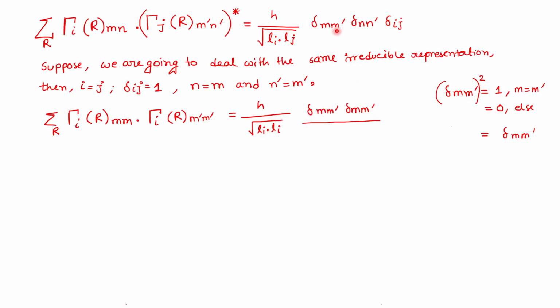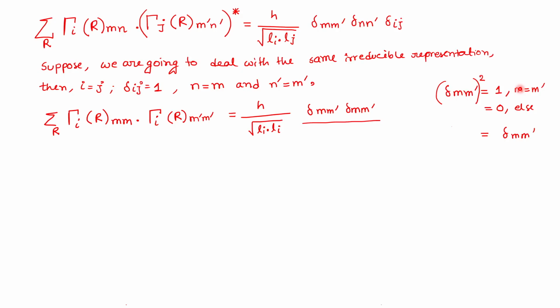And what else is there? The delta ij is already 1 because i equals j. Now delta m m dash, delta m m dash, so it is actually delta m m dash square. So the maximum value could be 1 and the other value could be 0.